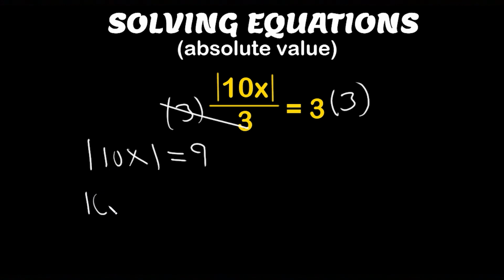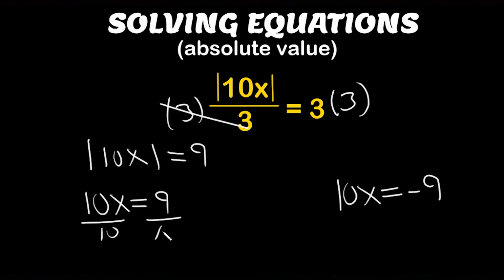So I'll have here 10x equal to 9. And then the other one is going to be 10x. And again, we're changing all the signs on the opposite side of the equal sign. So here we're going to have equal to -9. And now all we have to do is solve. So I'm going to divide by 10 here. Divide by 10 here.